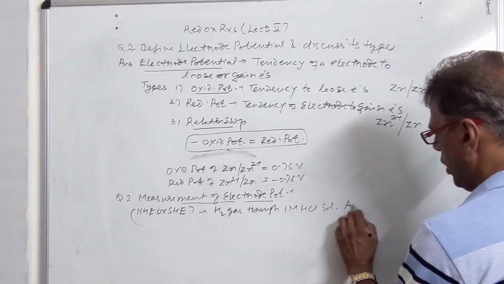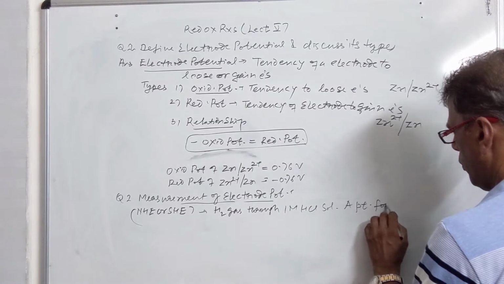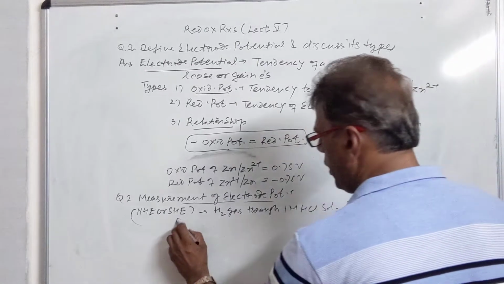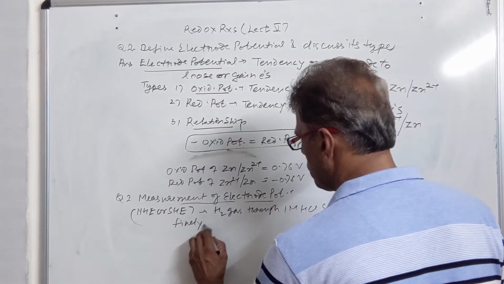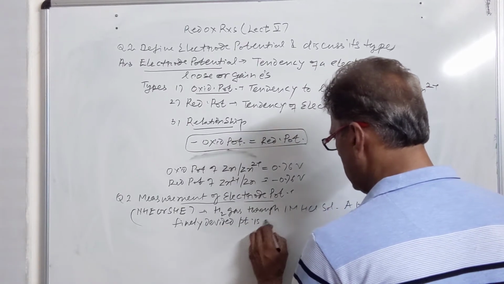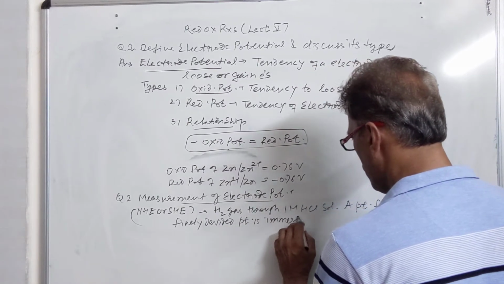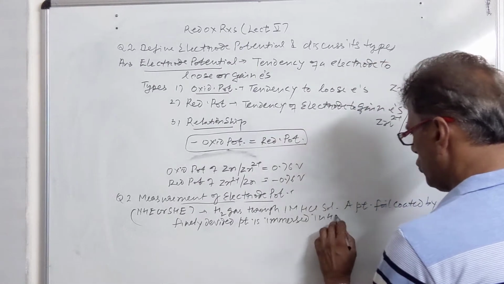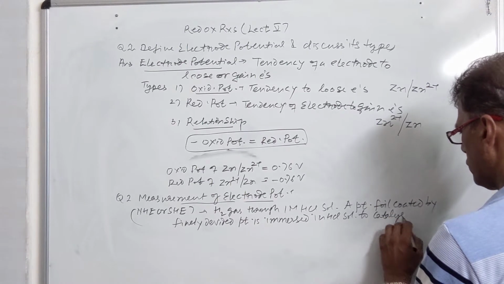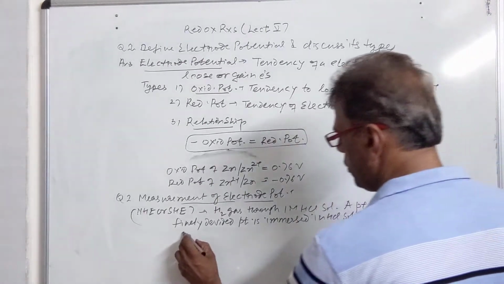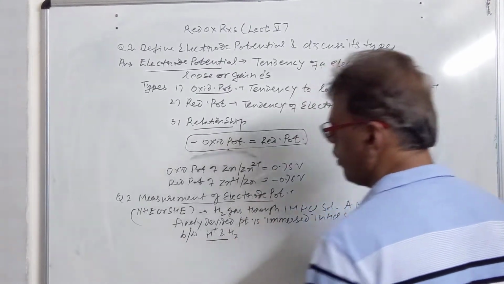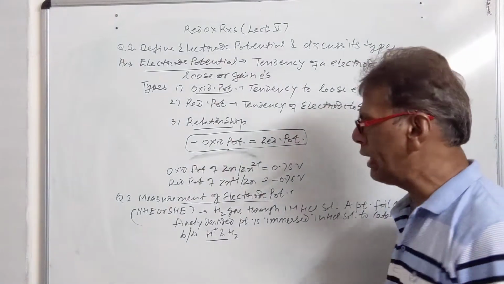A platinum foil coated with finely divided platinum is immersed in HCl solution to catalyze the reaction between H+ ions and H2. This is the normal hydrogen electrode.